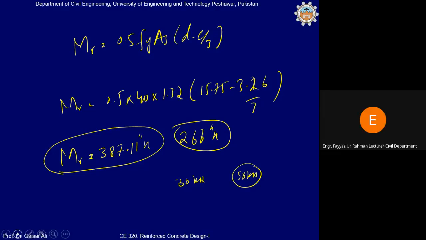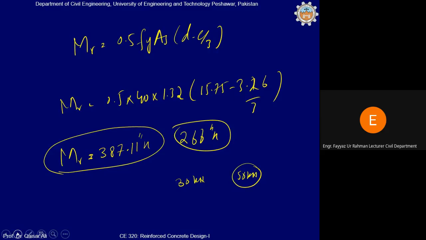So this is how you can calculate the flexure capacity of the beam corresponding to stage 2. And this stage 2 corresponds to the working stress approach.